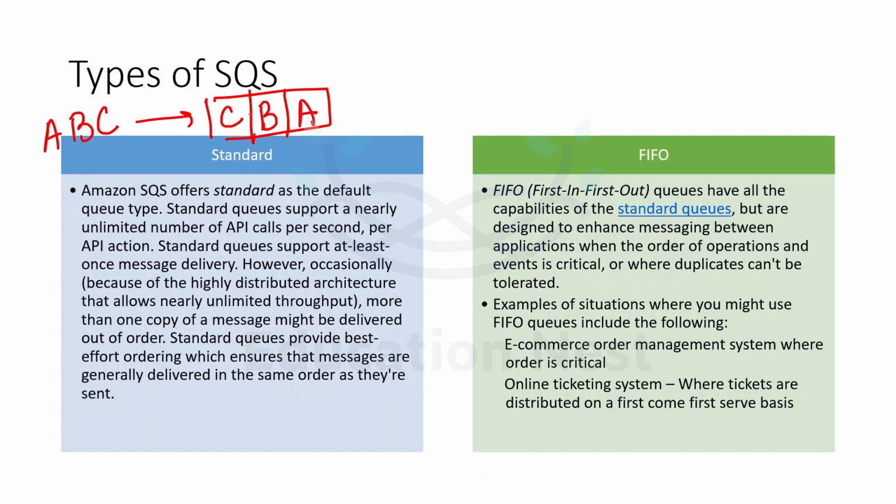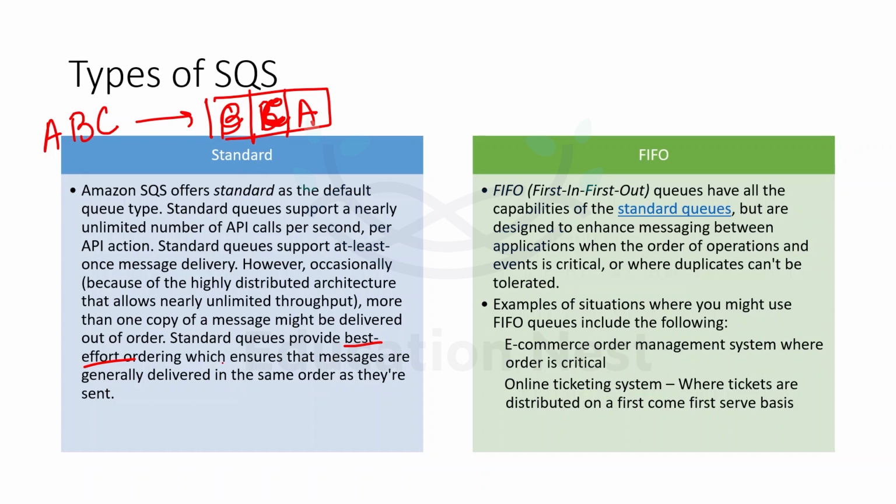But sometimes it may happen that the order is not maintained. Okay, it may happen that B came first, then C, and then A. This can be the case. It provides us with best-effort ordering. But it is not always the case.